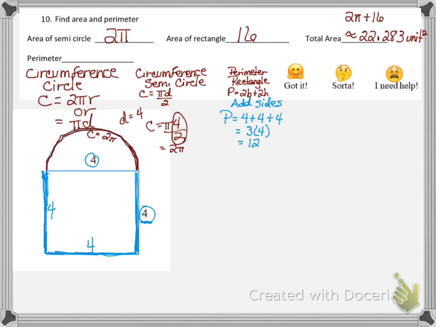Since the semicircle is 2 pi, this would end up being 2 pi plus 12. And if we put that into the calculator, it's approximately 18.283.